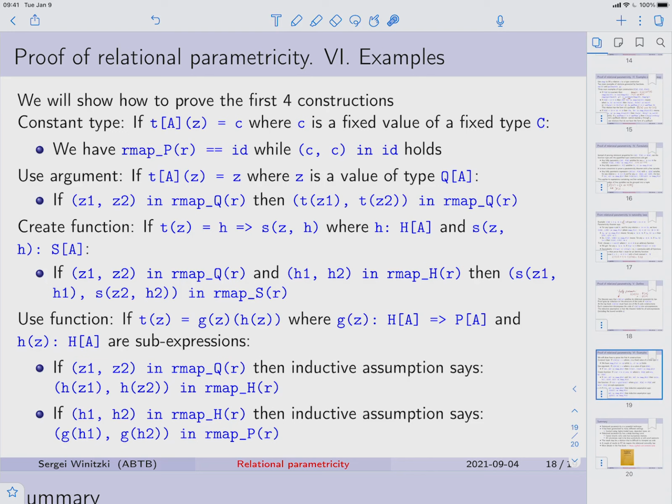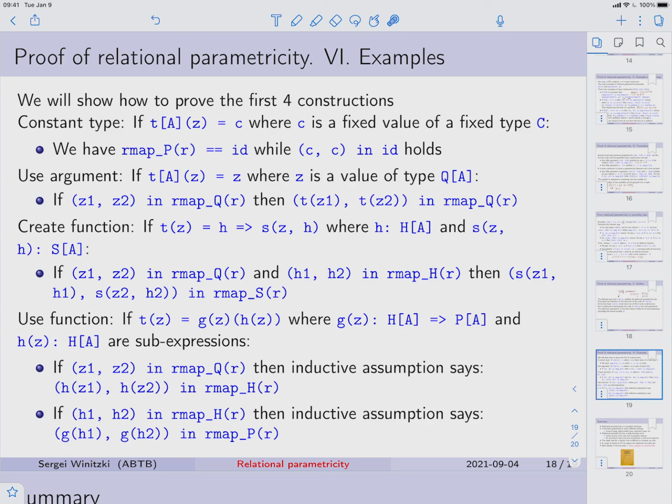So the identity relation, because it's a fixed type, does not depend on A. So when we lift a relation between A and B to the type of this, then we get the identity relation between C and C. So then it's just the identity relation, and it holds because this is just a constant, so C and C are always in the identity relation. And so this is consistent.